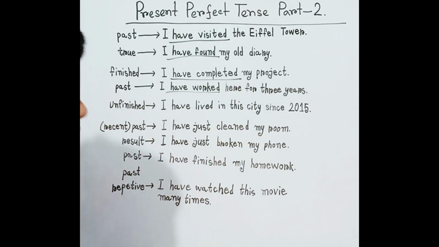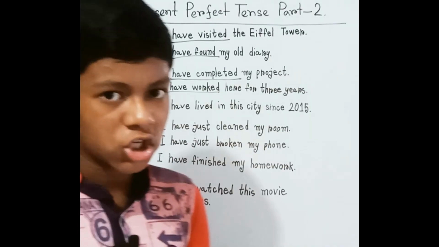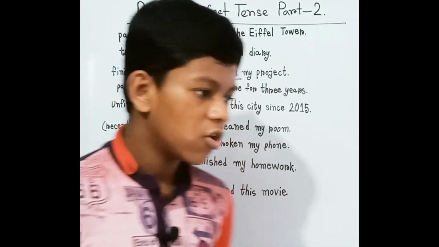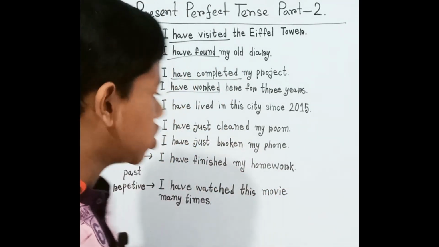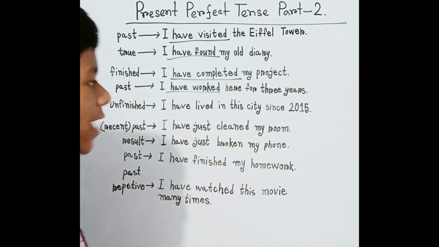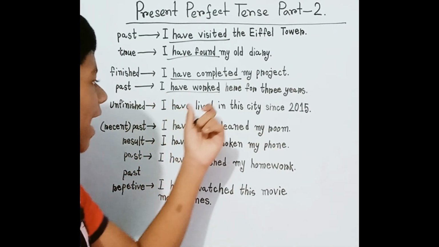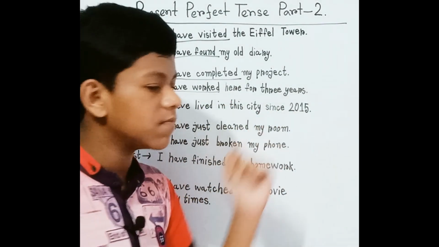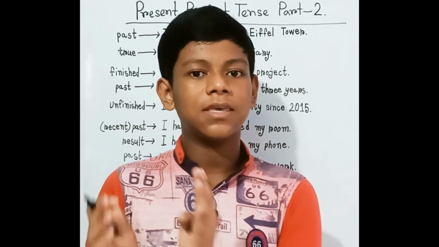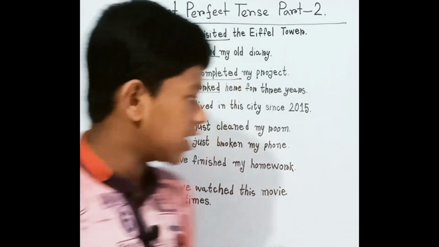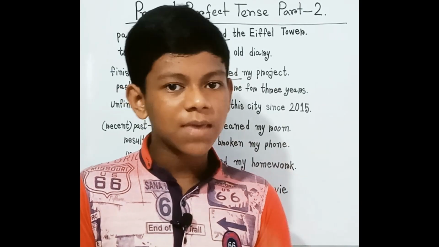Okay, the next is, when something is unfinished. It indicates that something isn't finished at all. The incident is still unfinished. So in this situation, we can use the present perfect. For example, I have lived in this city since 2015. So you started living in this city in 2015, and the year is now 2025, and you are still living in the same city.